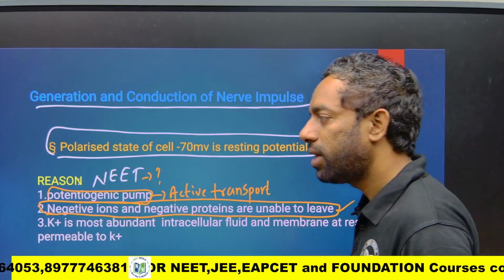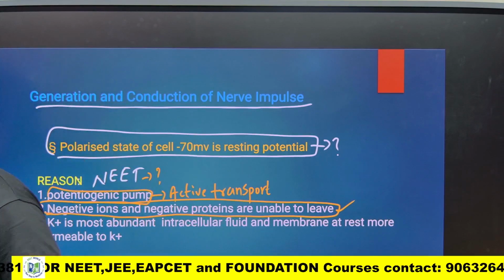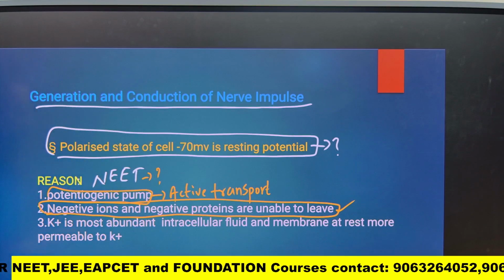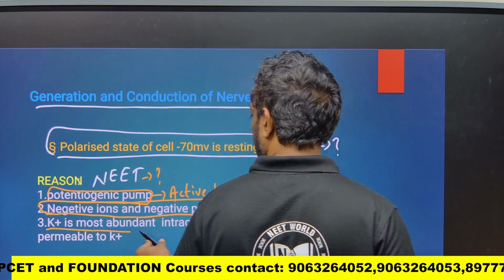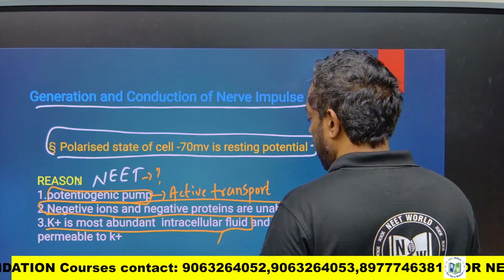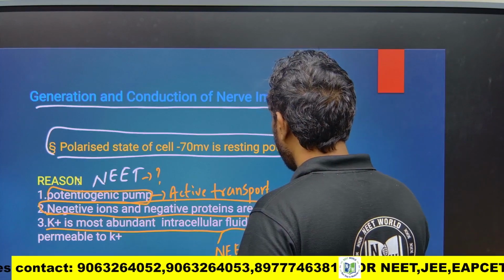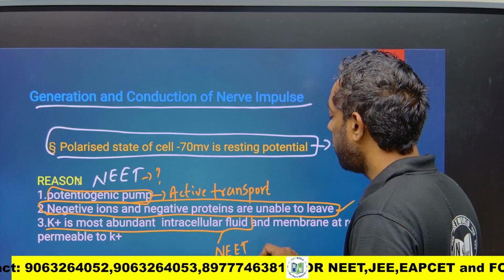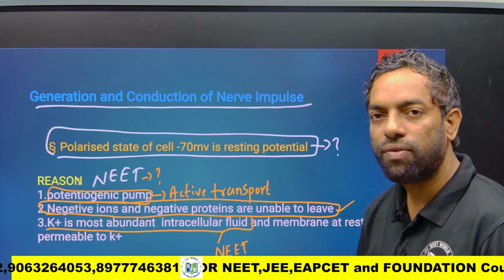Inside the cells there are negative ions and negative proteins, and they are unable to leave the cell. Potassium is the most abundant intracellular ion. This is an important NCERT point for NEET.